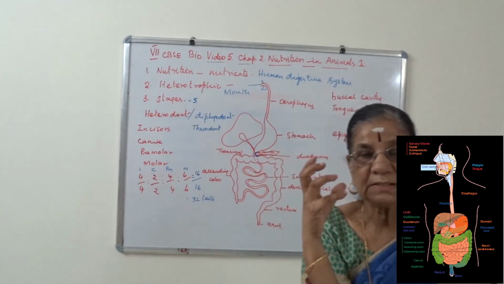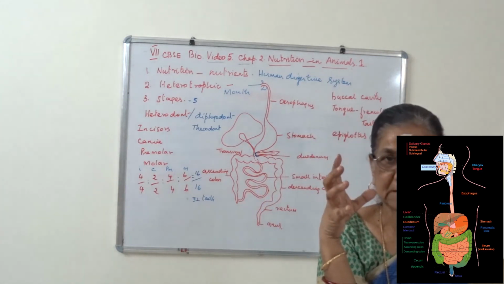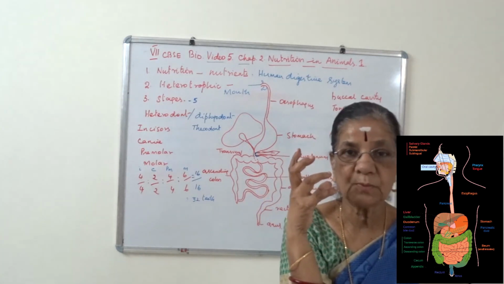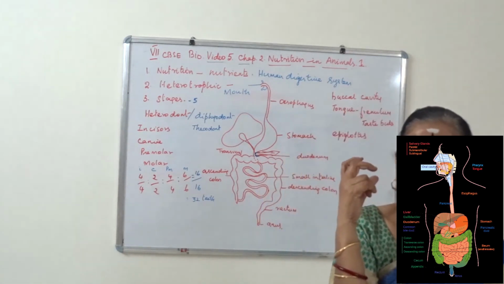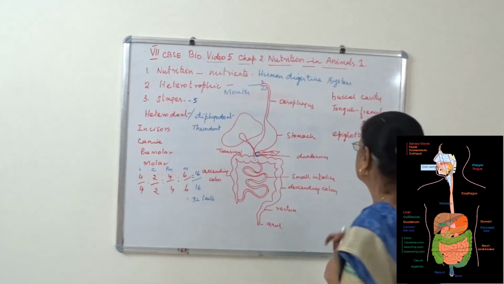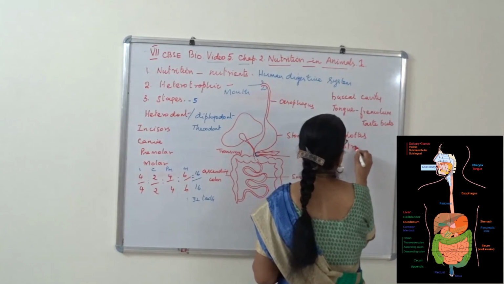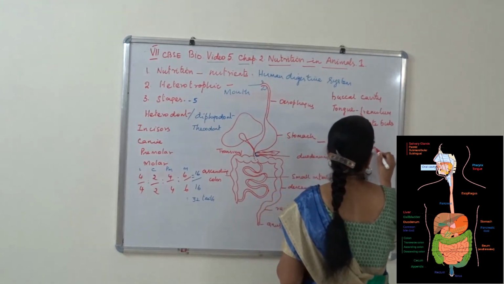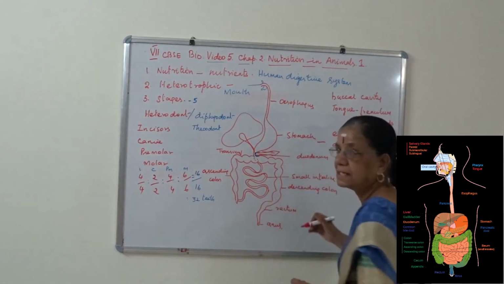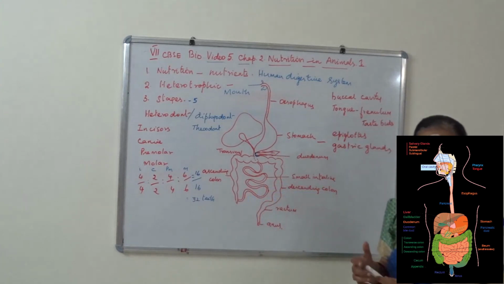Now the stomach is a muscular elastic wall formed with a lining of gastric glands, which secrete gastric enzymes, right?